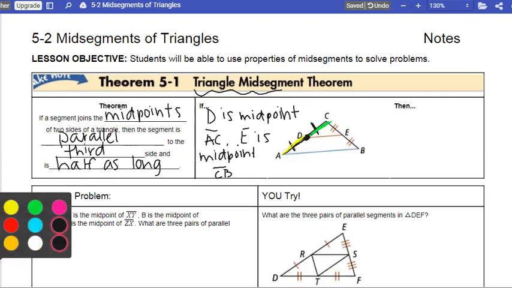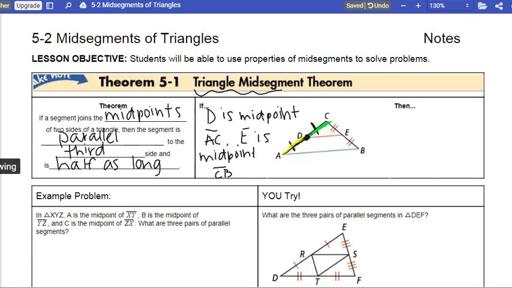So since I know these things, then I know that segment DE is parallel, and remember those two lines mean that they are parallel, to segment AB. And here's my formula: DE equals 1/2 of AB.